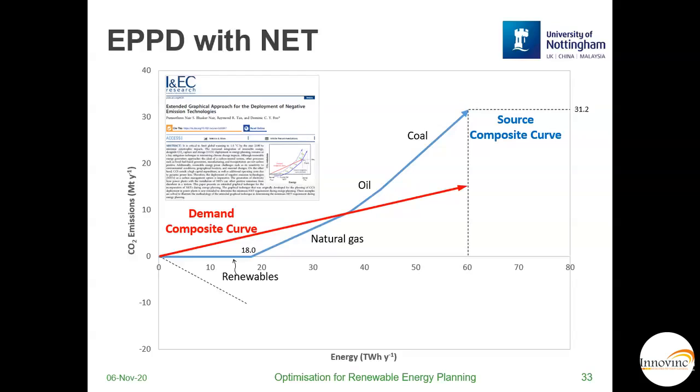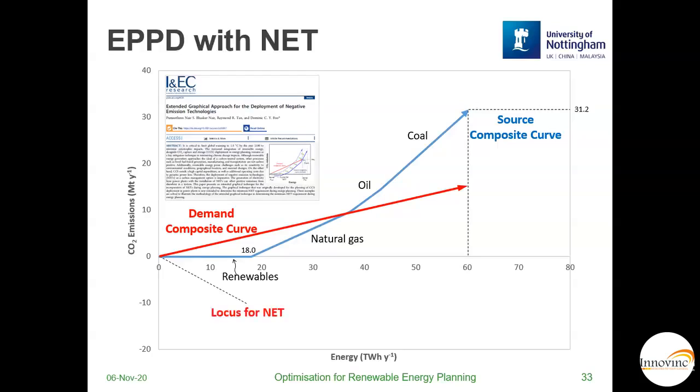At the moment, CO2 is running at 31.2 megaton per year. If you want to cut it down by, let's say, half, doing renewable is no longer as easy because you need a substantial amount of renewable, and you are already running at the maximum at the moment.